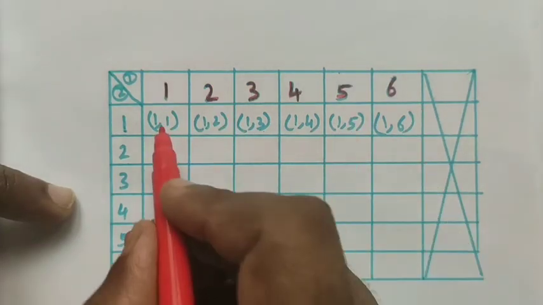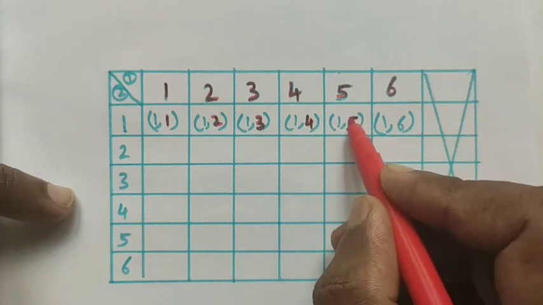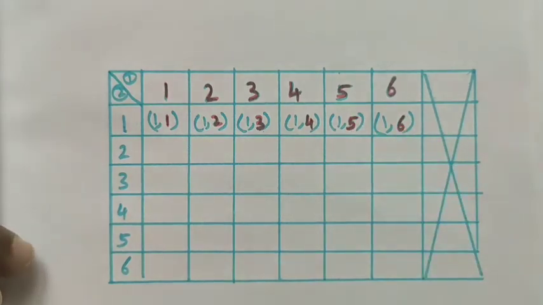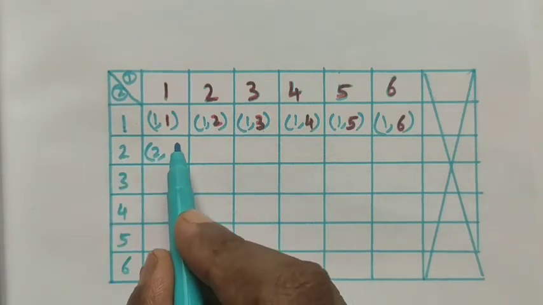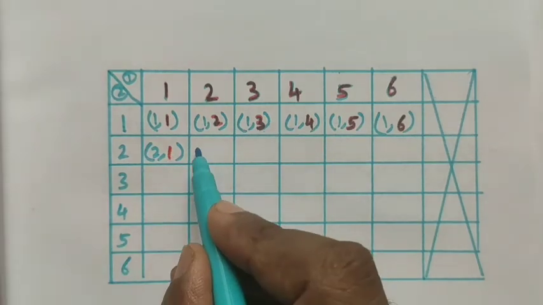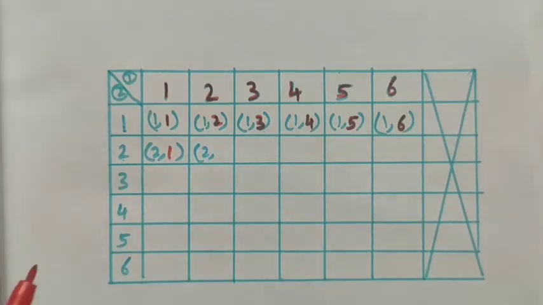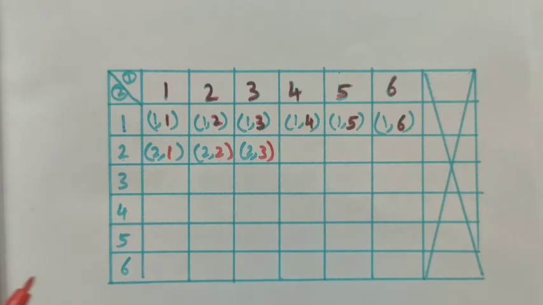Now here I am using a different color to understand very easily. Right? So in next term we have the number 2 and then number 1. Here we have the number, the first one is 2 and then 2. Here we have the number 2 and then 3.